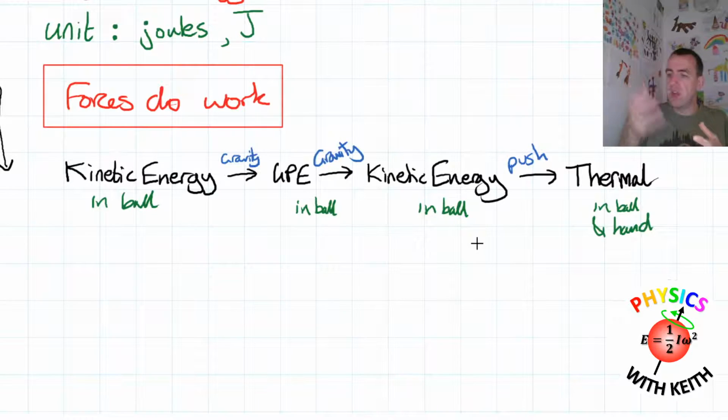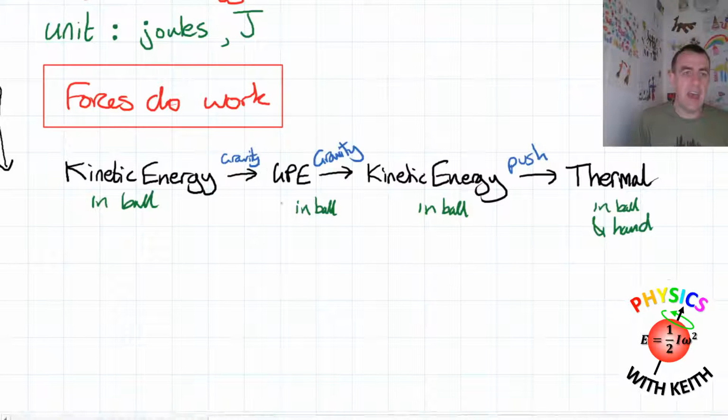As the ball moves through the air, it's bashing into the air molecules, and so we're losing some of that regular motion to the irregular motion of the air molecules. We know what that means. The air heats up. And so we should have added extra arrows coming off here, showing that we're increasing the thermal energy store within the air.